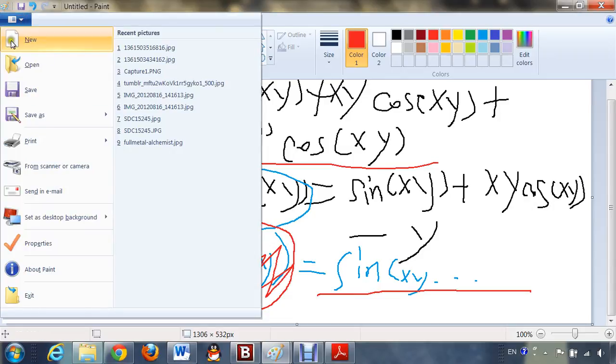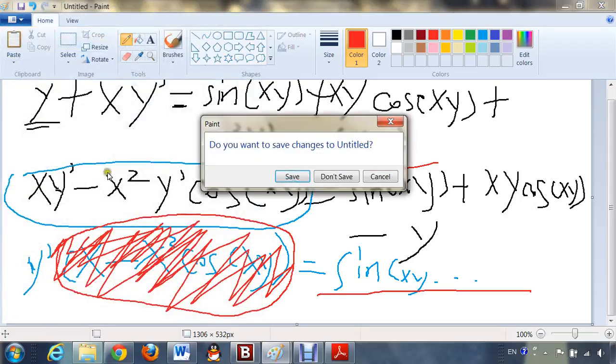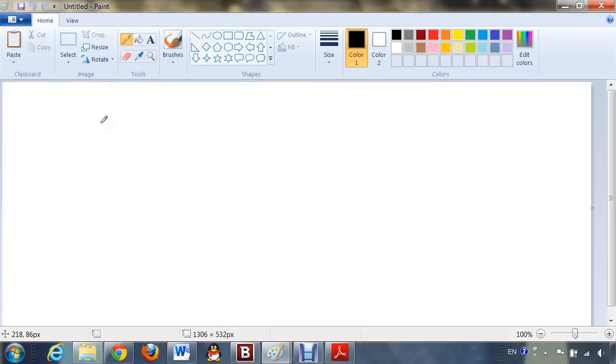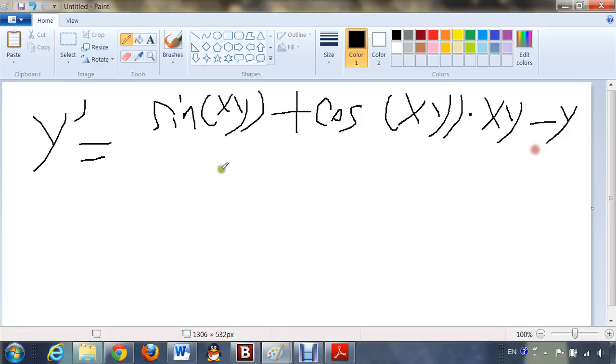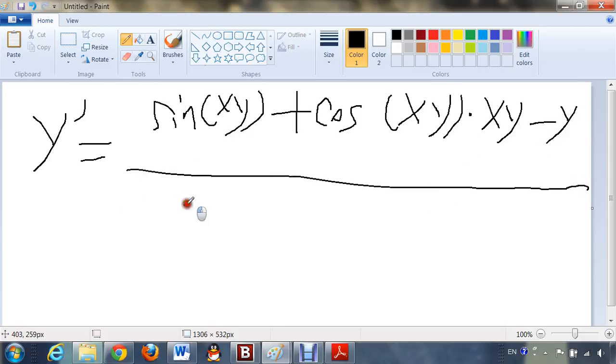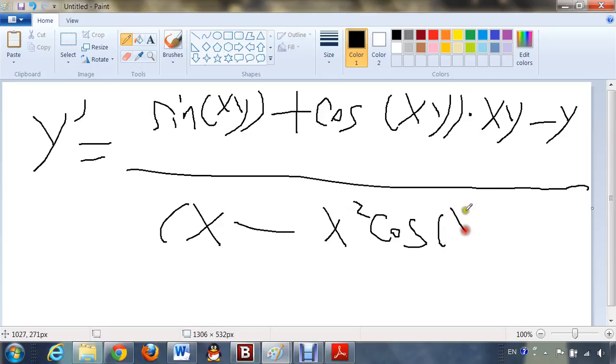So let me show you the final answer. The final answer will just be y prime equals sine xy minus xy cosine of xy, of course multiplying the xy, and then you minus y, and then you just divide everything by x minus x squared cosine xy.